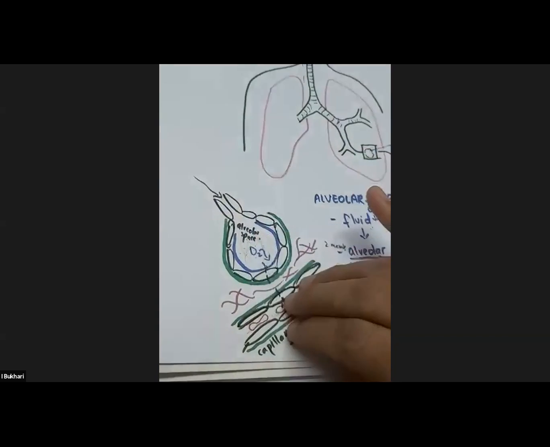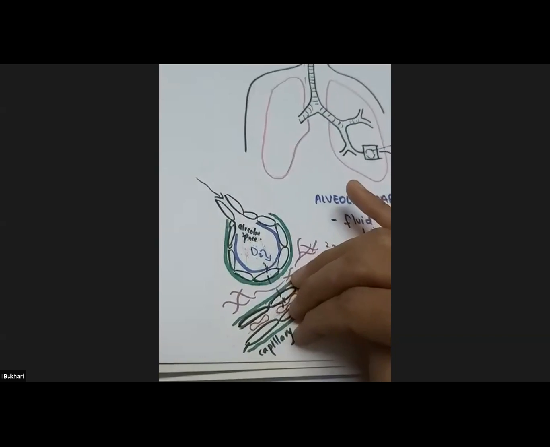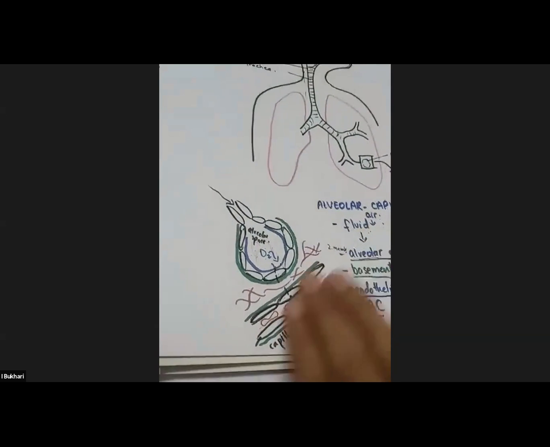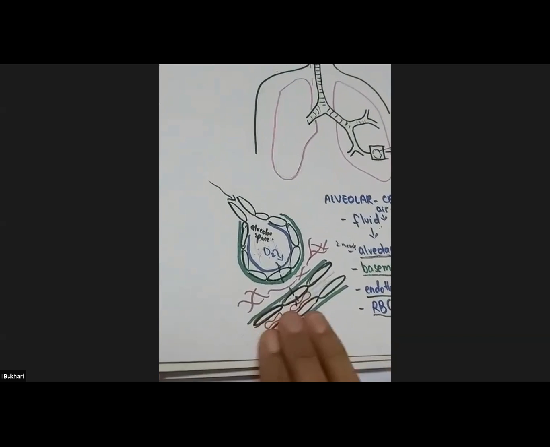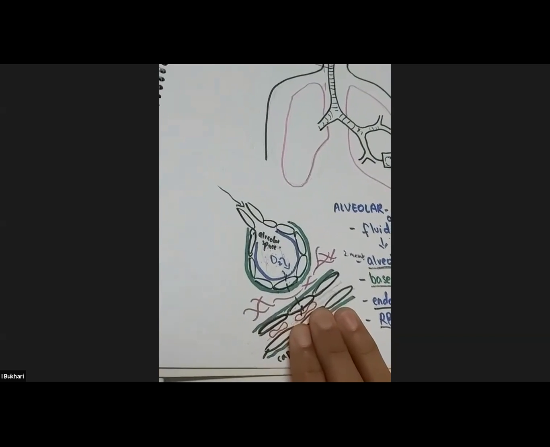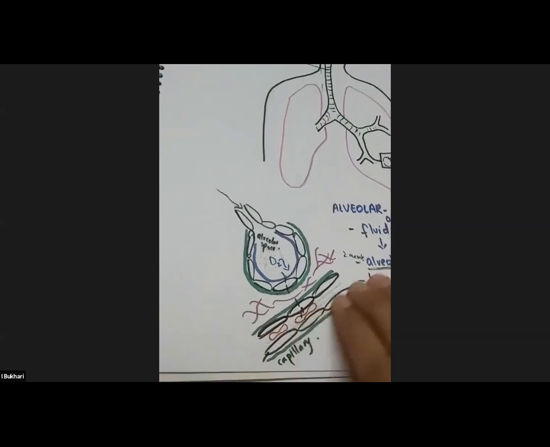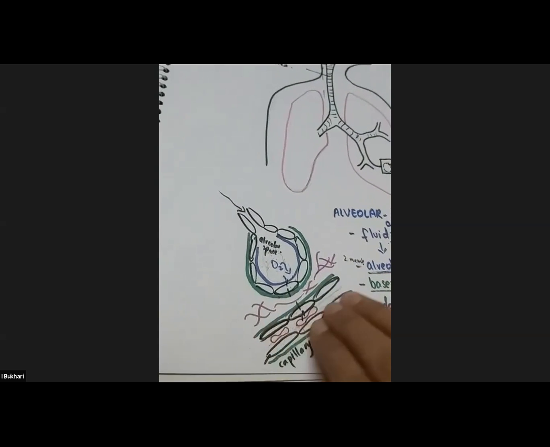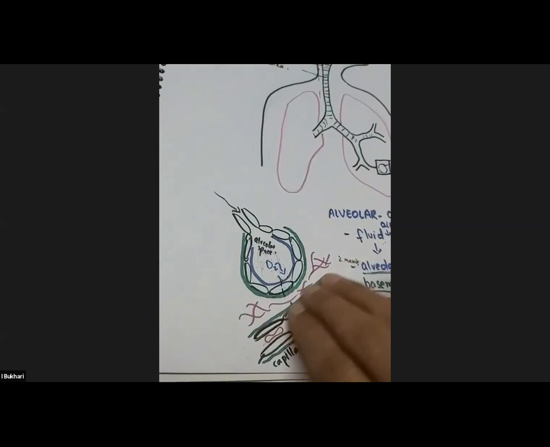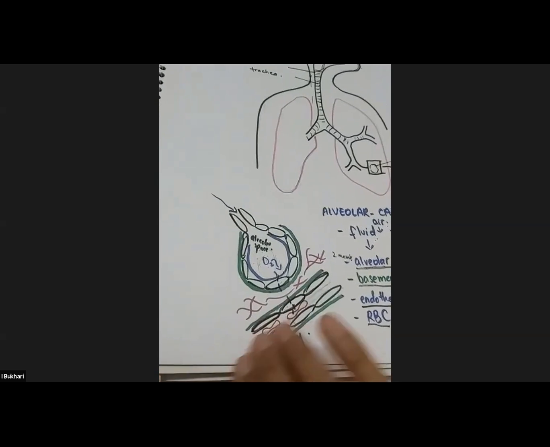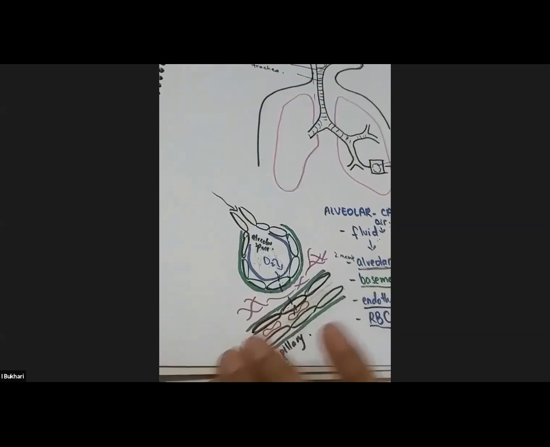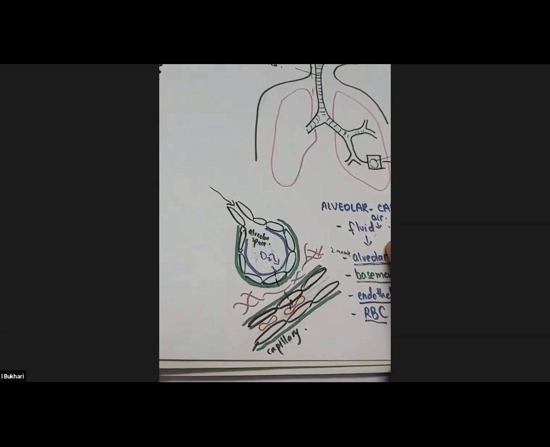As soon as the oxygen enters, it moves away and the deoxygenated blood replaces it or takes its place. So there is constant low concentration of oxygen in the capillary, okay? Why? Due to constant removal of oxygenated blood. I hope you are understanding what I'm saying.